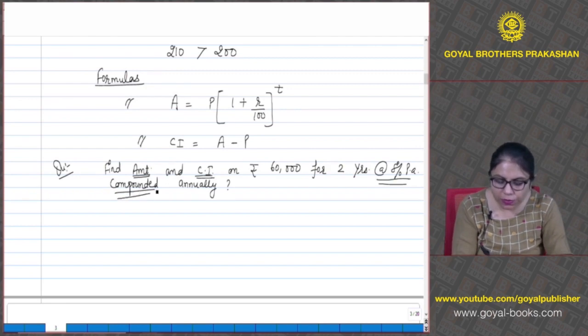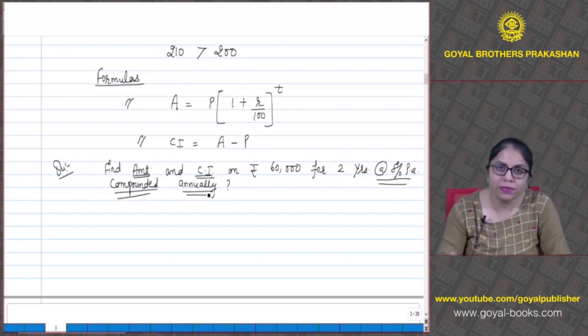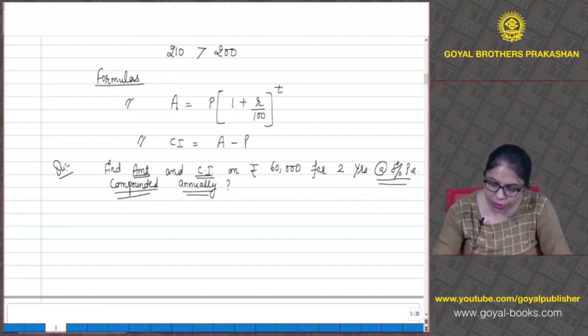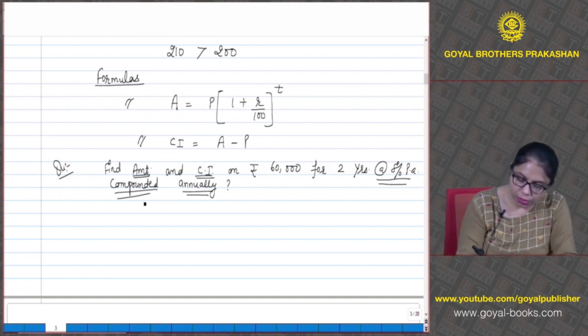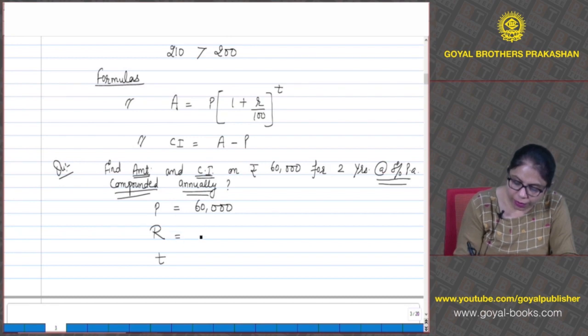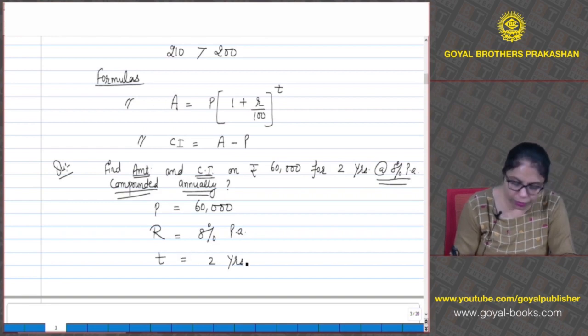In this case, we will not apply the simple interest formula because interest is compounded annually. That means we have to apply the compound interest formula. First of all, write the principal, rate and time. Our principal is 60,000, rate is 8% per annum and time is 2 years.